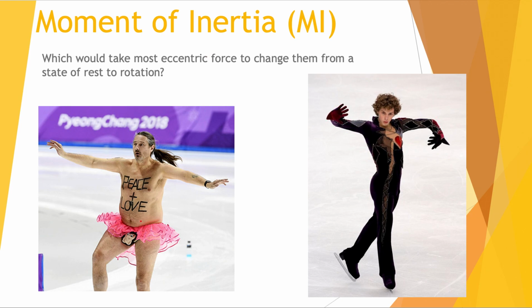The first one you would be able to guess, because it's linked to inertia from last year. We know that angular motion is created through the application of an eccentric force. So if we were to apply an eccentric force to push this ice skater on the side of his body here, and similarly an eccentric force to push this ice skater on the side of his body there, which would be the easiest to start to rotate, to change their current state of angular motion?